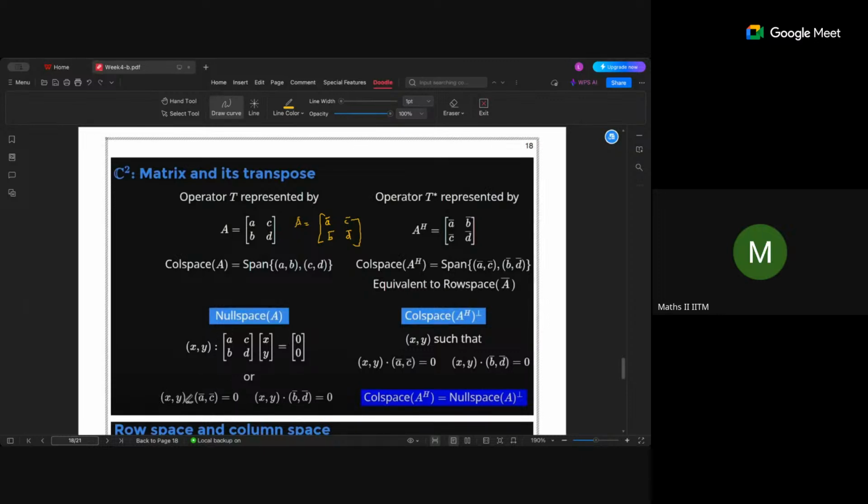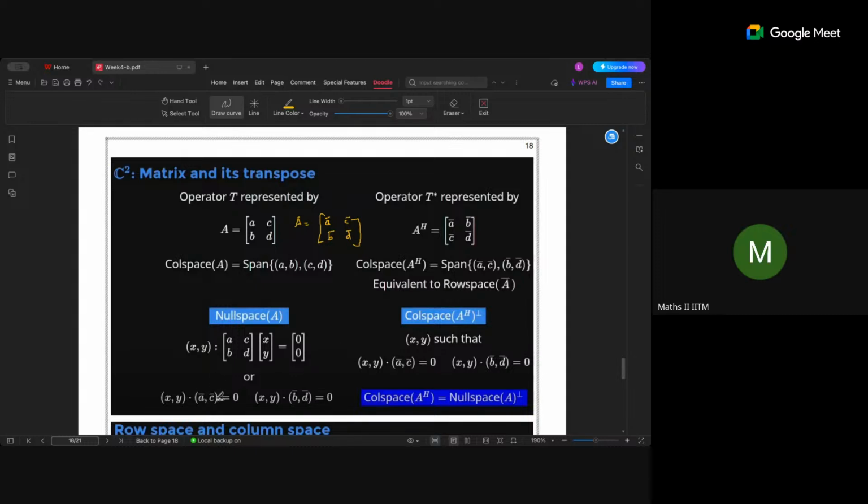But instead of AX and so on, here we are having A bar X plus C bar Y and B bar X plus D bar Y. Why is that so? On this side, it is very clear because here this is what we are having: A bar, C bar and B bar, D bar, and we are taking the set of all vectors orthogonal to the spanning vectors. So this side it is clear.